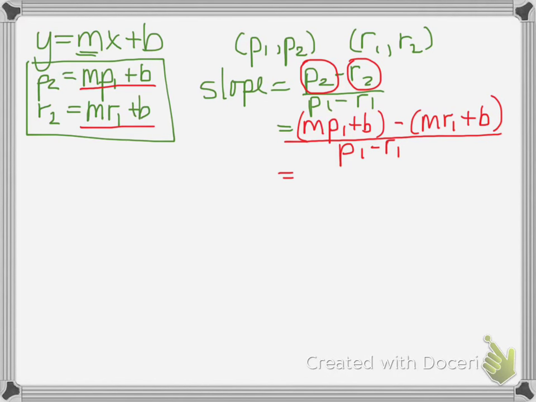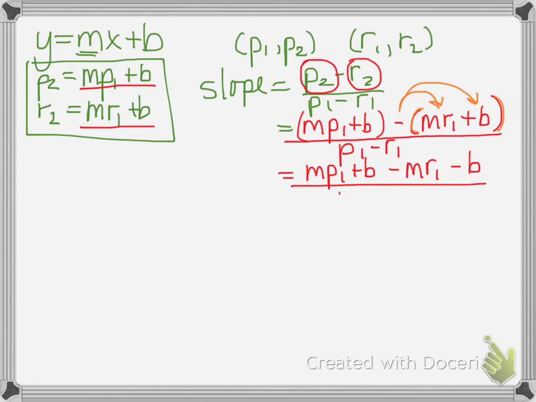So I get m times P1 plus b. Notice I've taken the parentheses off. But for the other parentheses, I need to be careful because I'm subtracting everything in the parentheses. So I need to distribute this negative 1 into that. So notice it'll be minus m times R1 and then minus b. Still all over P1 minus R1.